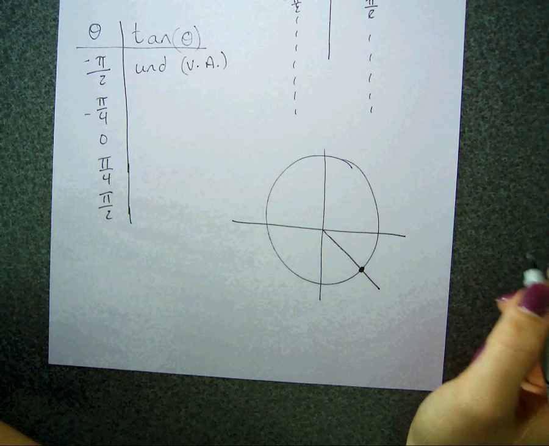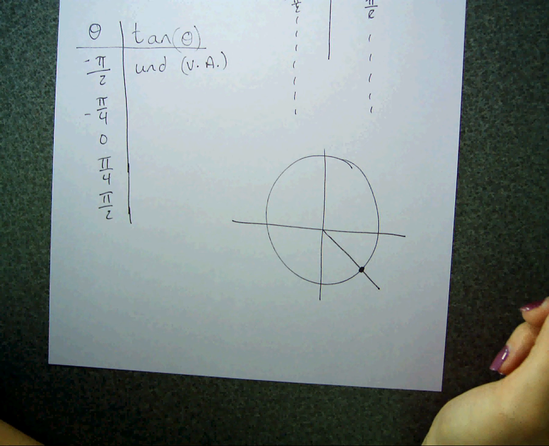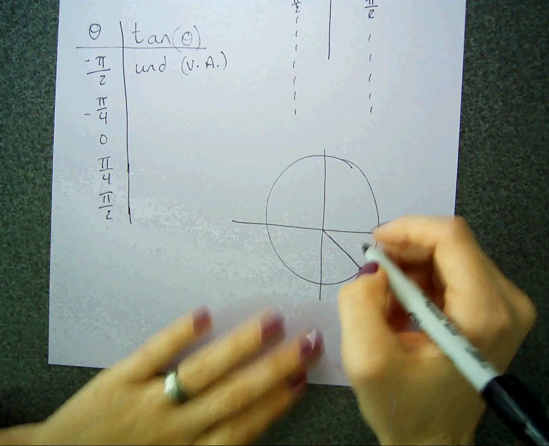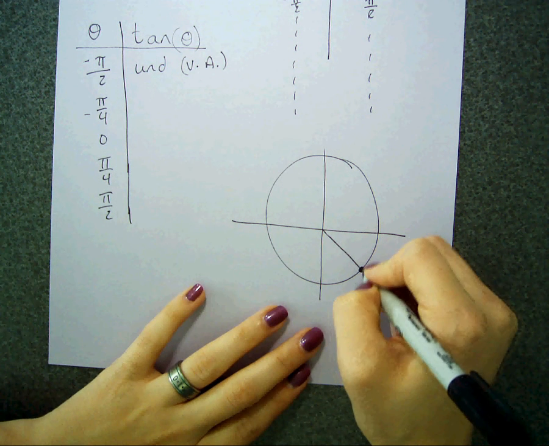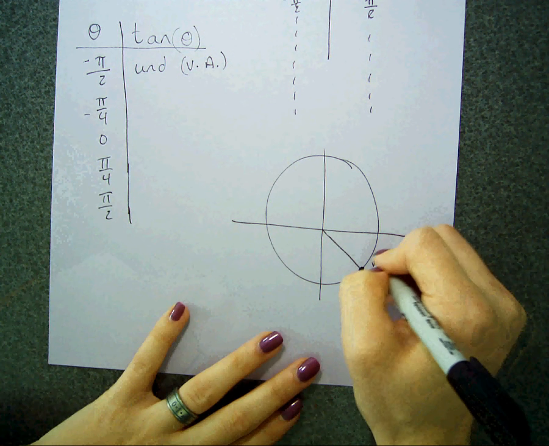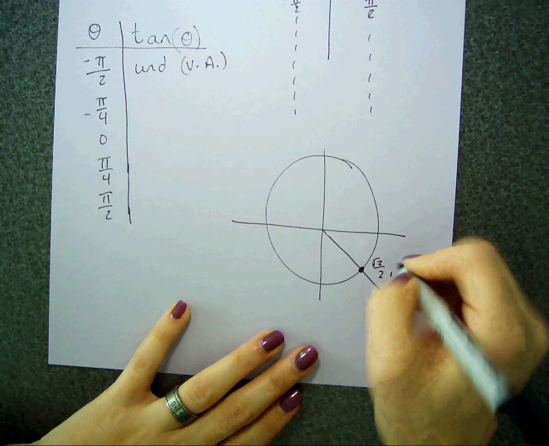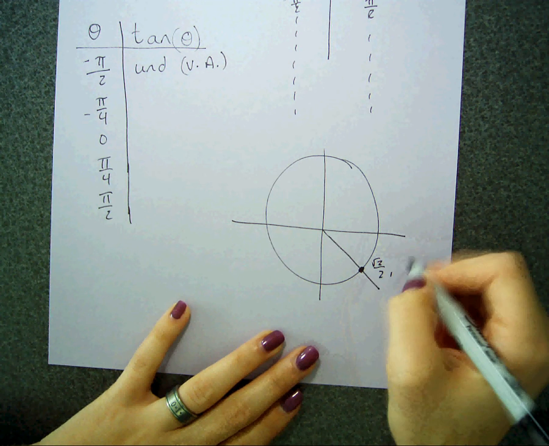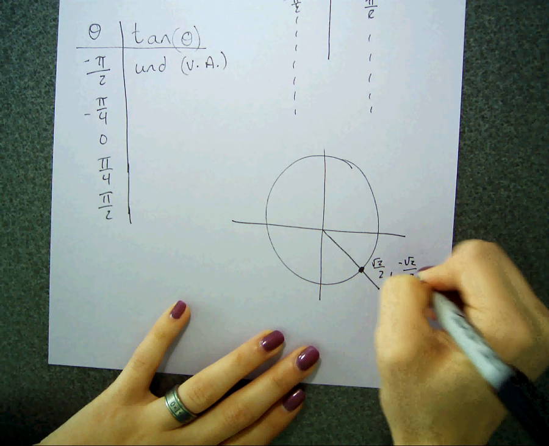I'm a little disappointed, but for video's sake. So the coordinate, since it's over 4, is the square root of 2 over 2, comma, my x value is positive, my y value is negative, negative square root of 2 over 2. Tangent is sine over cosine. We are on the unit circle, so it's y over x.